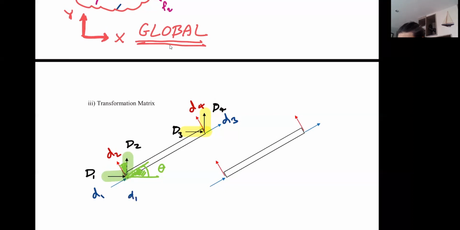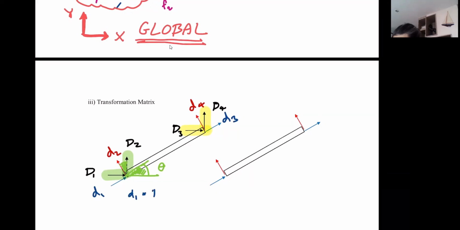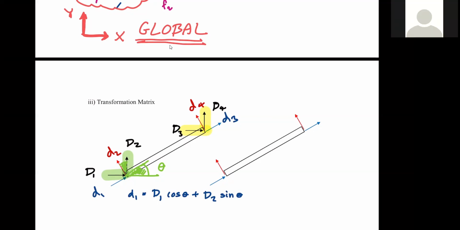This D1 is going to be equal to the capital D1 in global cosine theta, plus D2 sine theta. Right? You with me? Are you? Hello? Yes. Okay.